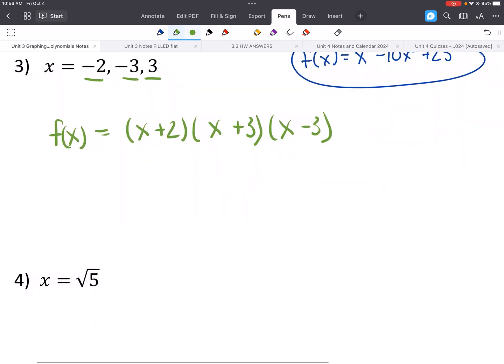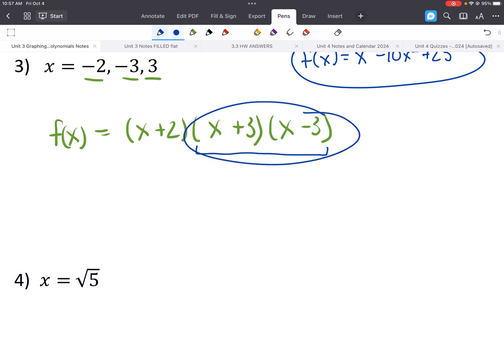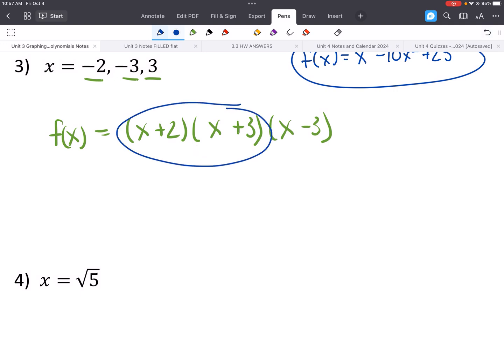So if you want to distribute to get to standard form, again, you're going to do a group at a time. So again, you can choose this. If we multiply these two first, it'll make it a little easier. But I'm just going to do an example where we end up having a binomial times a trinomial.